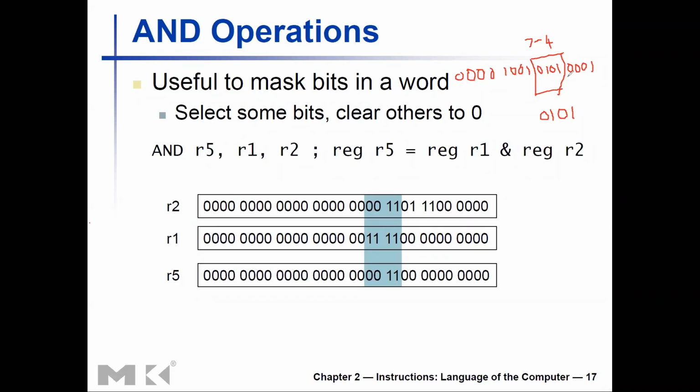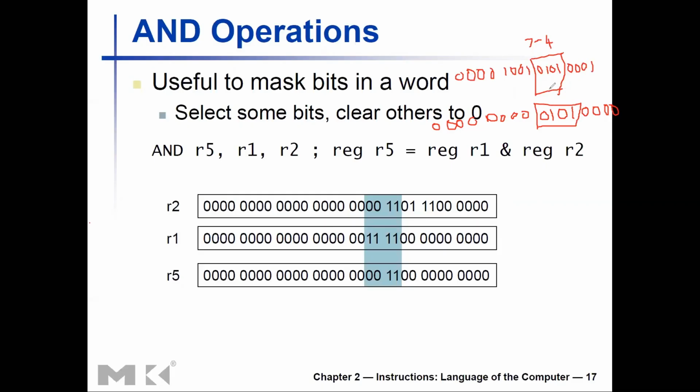You need to make these 4 bits 0, 0, 0, 0, and these 4 bits also you have to put to 0, but anyway they are originally 0. So these 4 bits are preserved and the rest are cleared to 0.